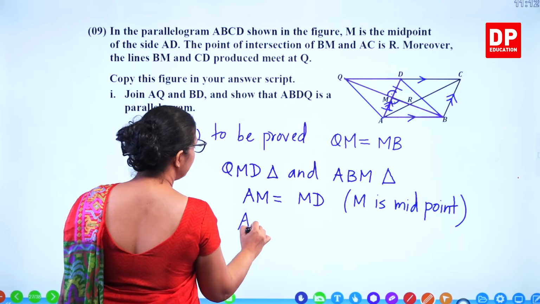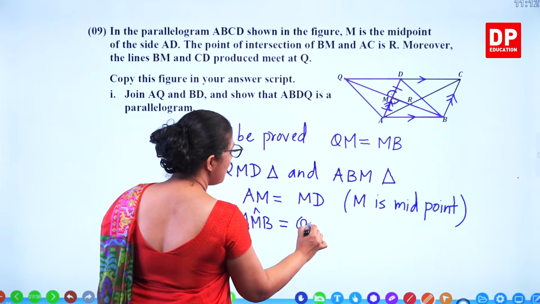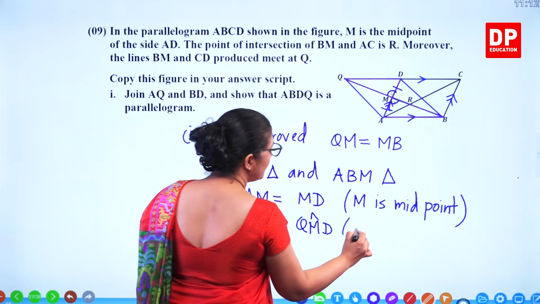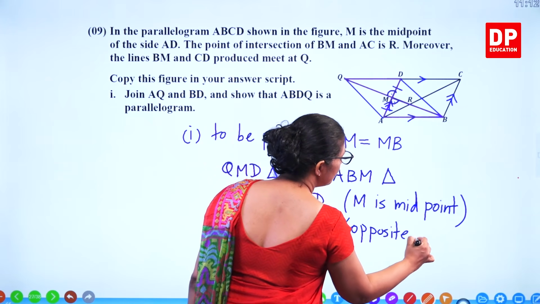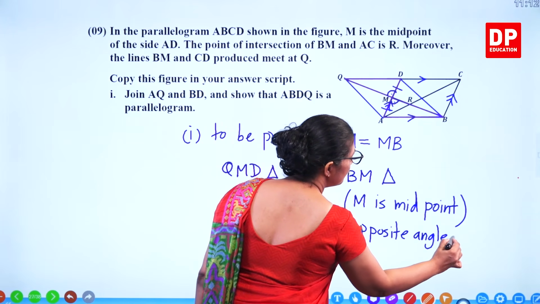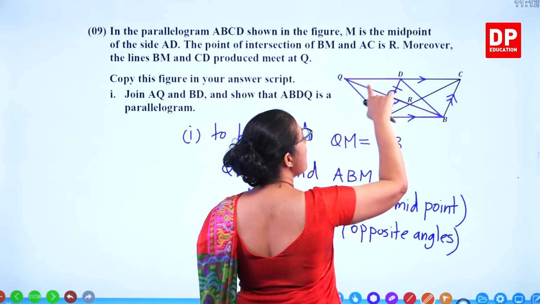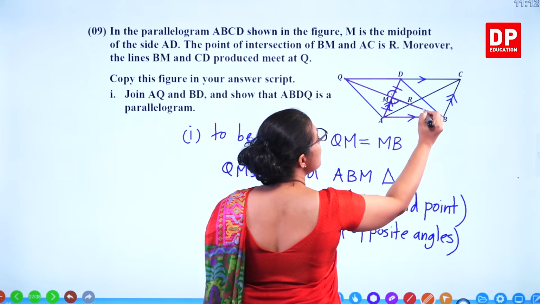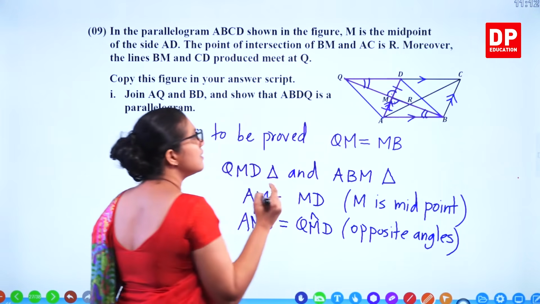AMB, QMD, opposite angles. And also we know these 2 lines are parallel. So this angle is equal to this angle.